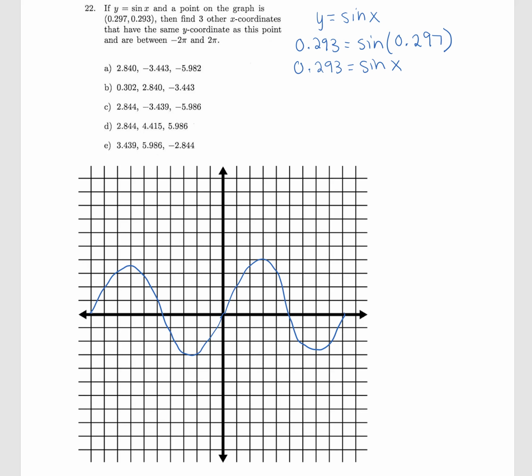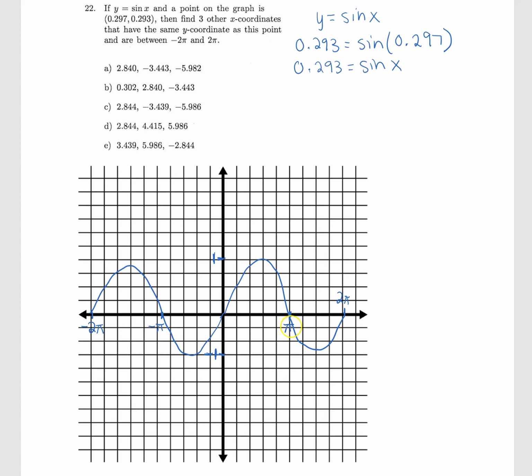And so this max and minimum are at +1 and -1 here. And we know that it crosses over here at pi and ends here at 2 pi. So this is the function in between -2 pi and 2 pi, as we've been told in the question.